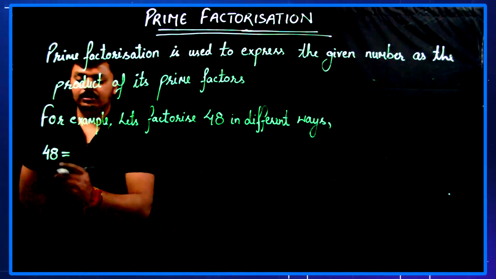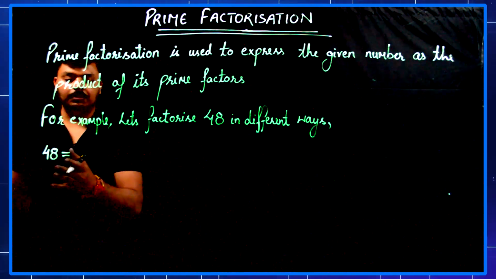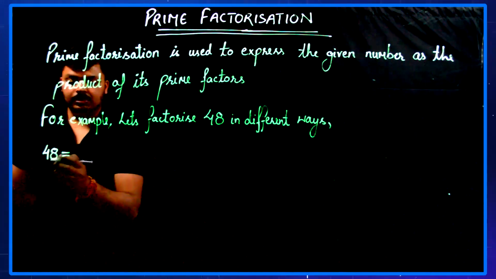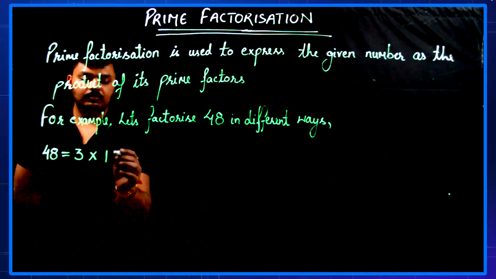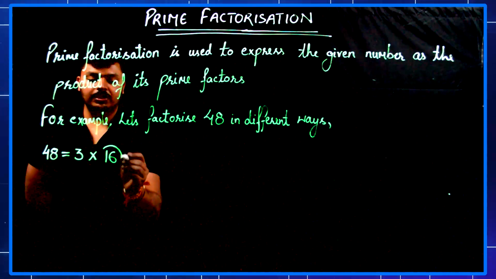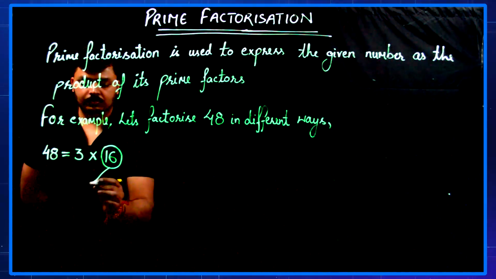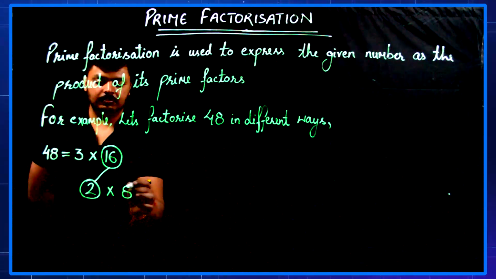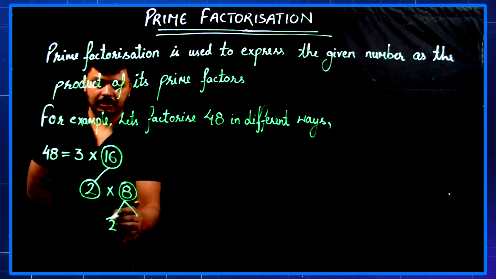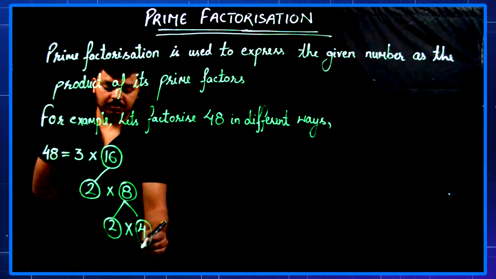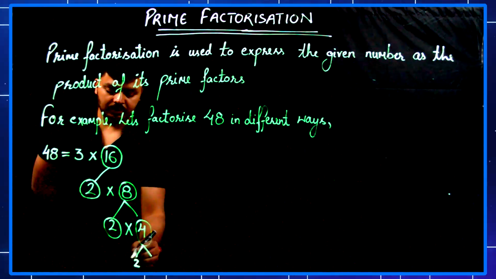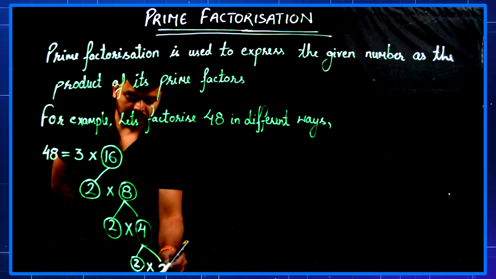The other way to represent 48 is 3 multiplied by 16. Now further split 16 as 2 multiplied by 8. We further split 8 as 2 multiplied by 4. And we further split 4 as 2 multiplied by 2.